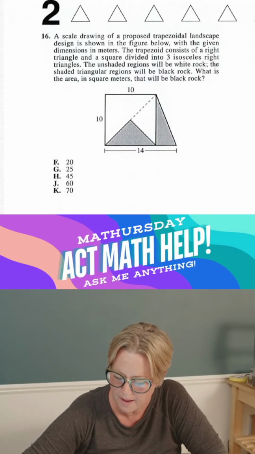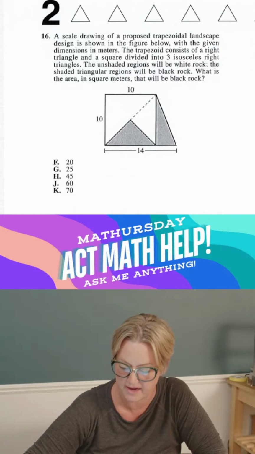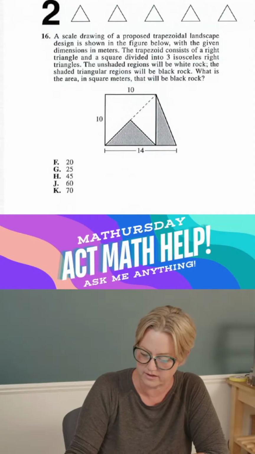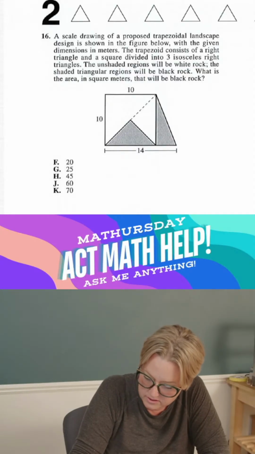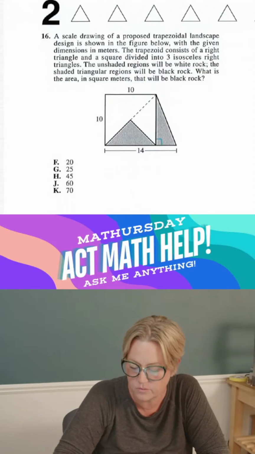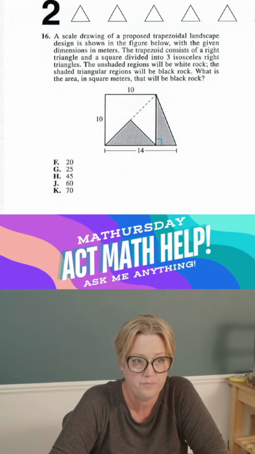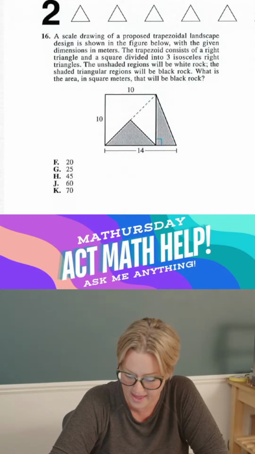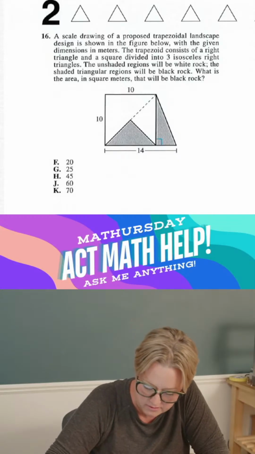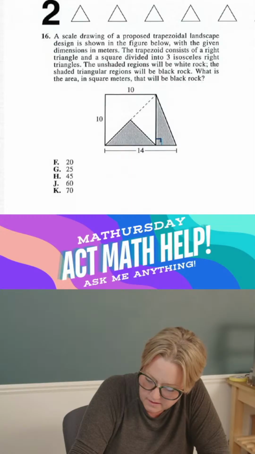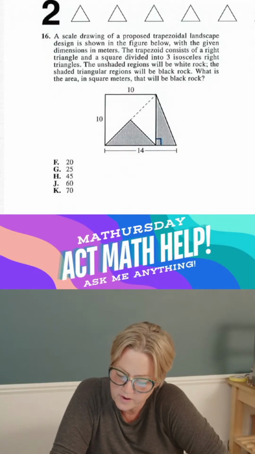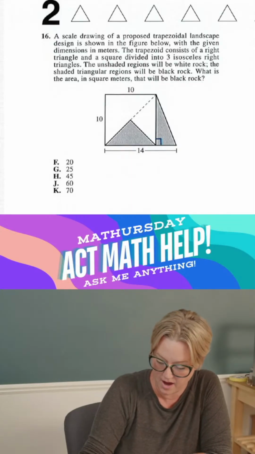So the trapezoid consists of a right triangle and a square divided into 3 isosceles right triangles. Okay, so this is a right triangle there because that's what it just told me. So then let's see. Oh, it's kind of hard to see, huh? Okay. So 3 isosceles right triangles.